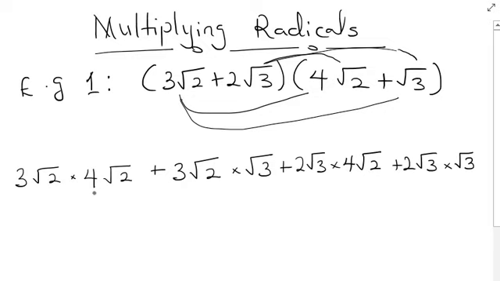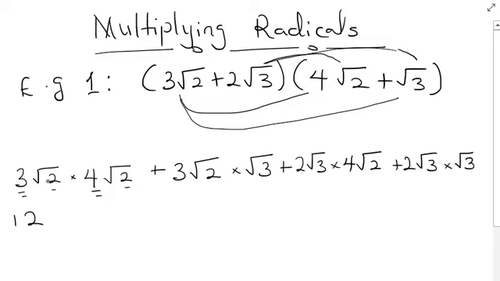The way this works is we use the whole numbers in front of each radical to multiply themselves, and we use the radicands to multiply themselves. So 3 multiplied by 4 is 12.